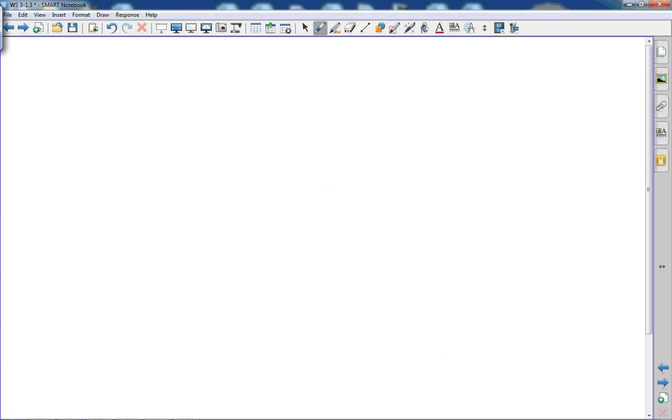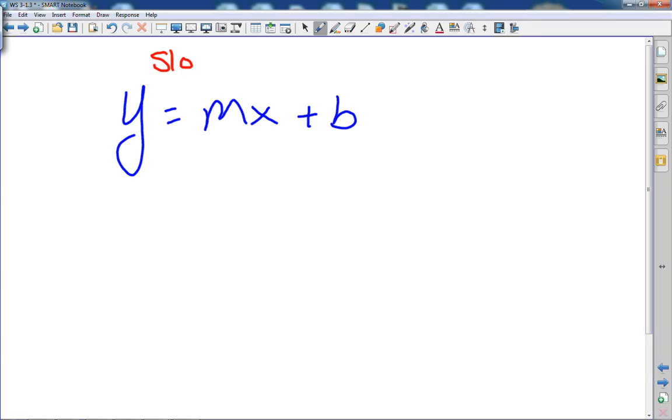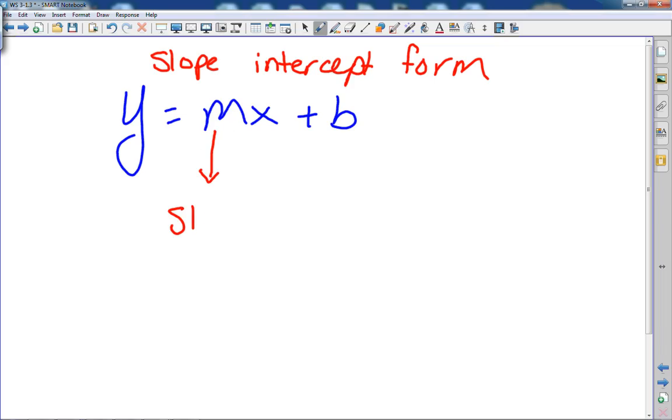So let's go back a second. I've got y equals mx plus b. What is that called again? This is called the slope-intercept form. Well, what is the m? M is slope.